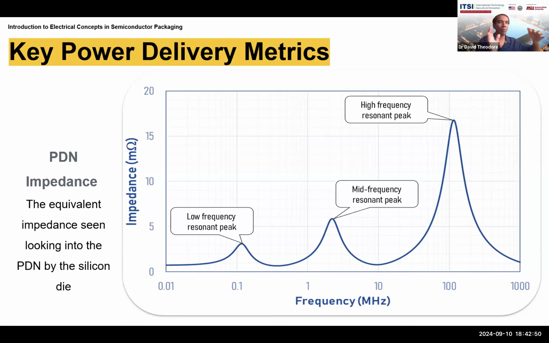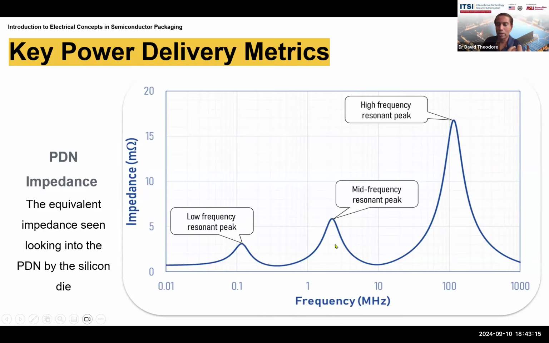And that is true of the power delivery network as well. As a result, you typically end up with a low frequency resonant peak where some devices are responding at low frequencies, then another mid-frequency resonant peak where other devices are responding at that frequency, and they're responding stronger than at higher or lower frequencies.